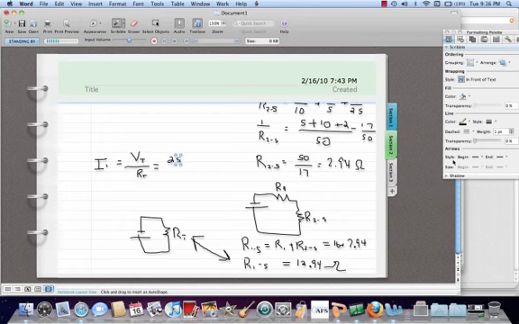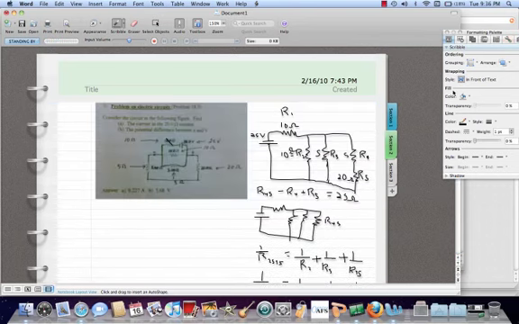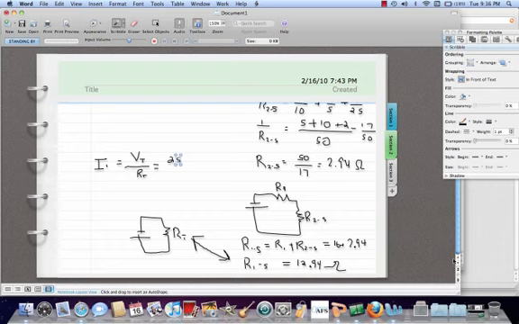Let me just double check that it's 25. Yep. So 25 volts divided by 12.94 ohms. And so that I1, or it's I total, but I only care about the I1 right here. So I1 is equal to 1.93 amps.